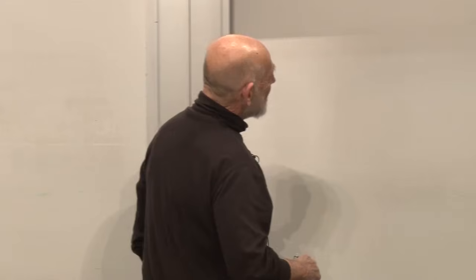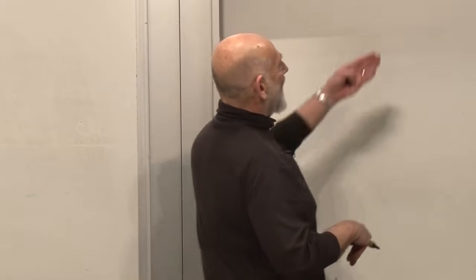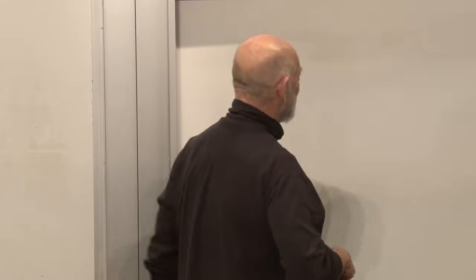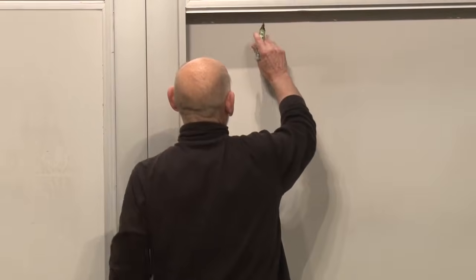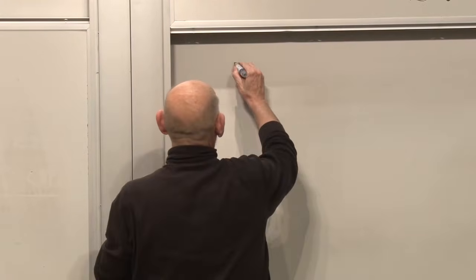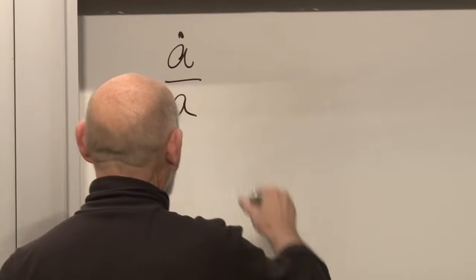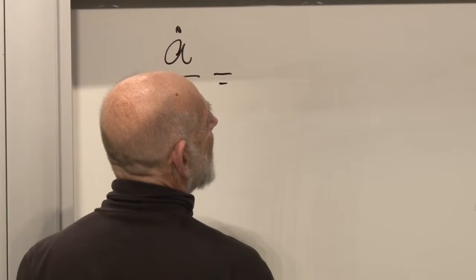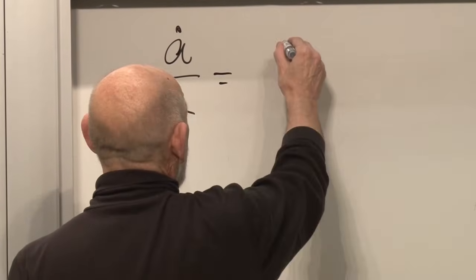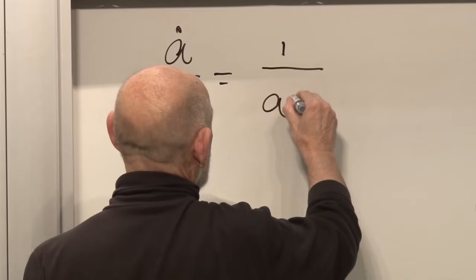Here's the way you solve it. Here's the way you solve all these equations. You first of all take the square root of both sides. On the left side, that's easy. It's just a dot over a. On the right-hand side, it's a little bit of a nuisance. It's 1 over a times the square root of a.